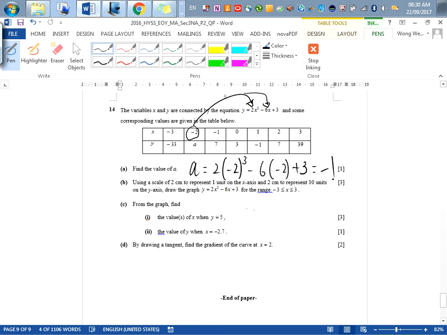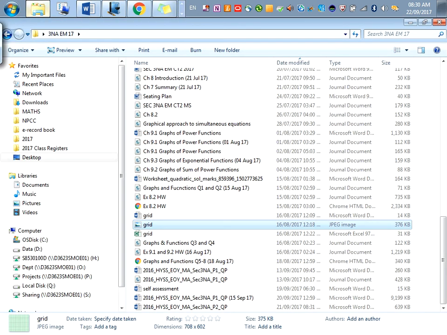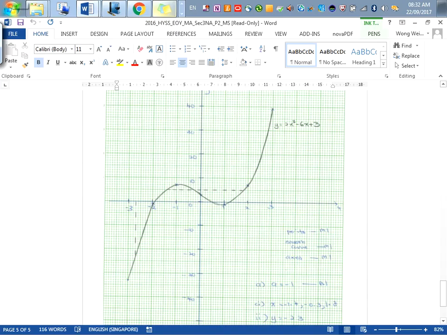Then draw the graph. So this is the graph. Okay, 1 mark for the correct scale, 1 mark for all the correct points, and 1 more mark for the smooth curve.